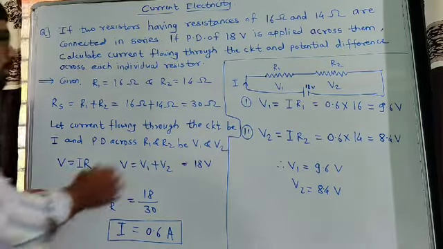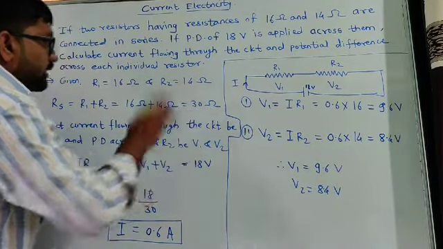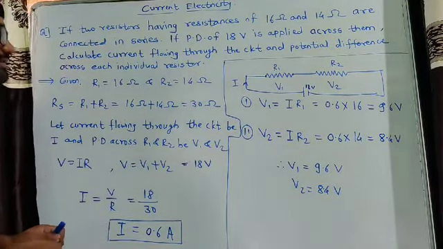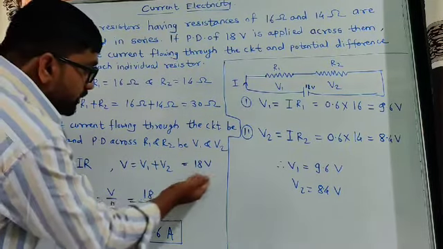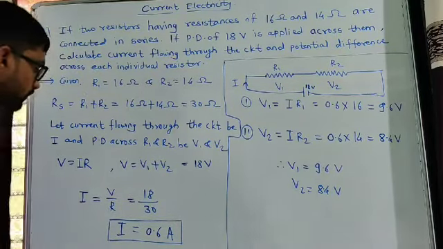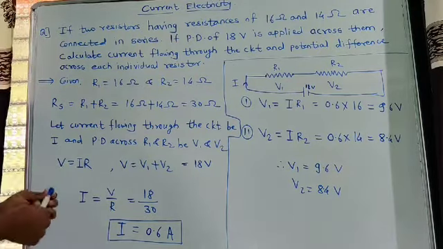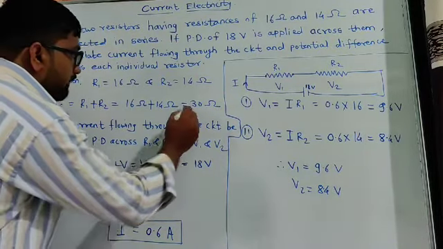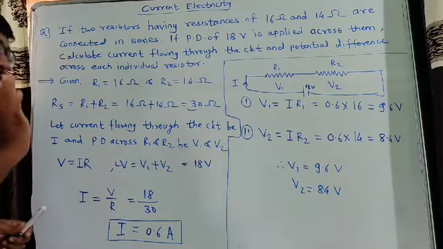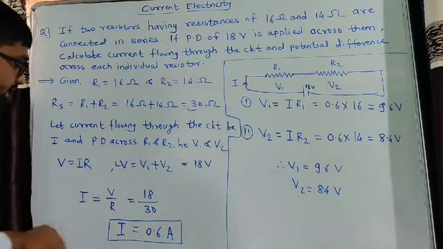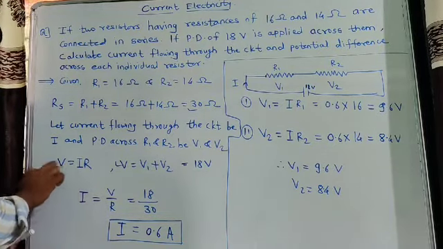Now what do we have? We have the series resistance of the circuit, 16 plus 14, 30 ohm. Then the potential difference we also have, 18 volt. According to Ohm's law, V is equal to IR. We have the value of V and the value of R, so we have to calculate I, the current flowing through the circuit, which is given by I is equal to V by R. We just have to rearrange this formula.